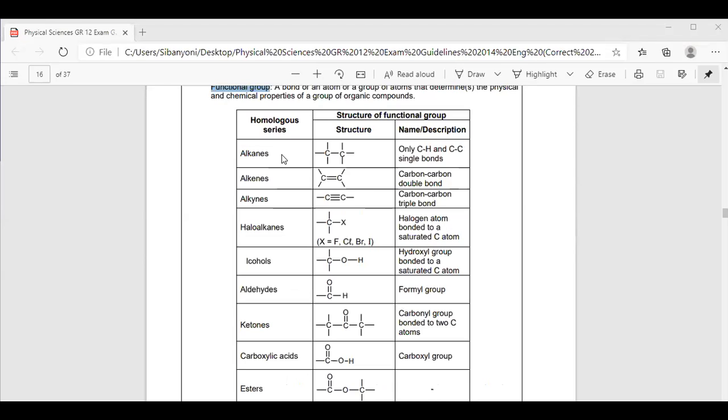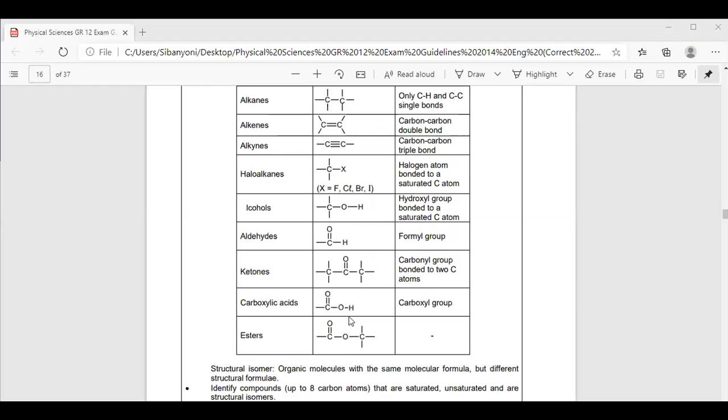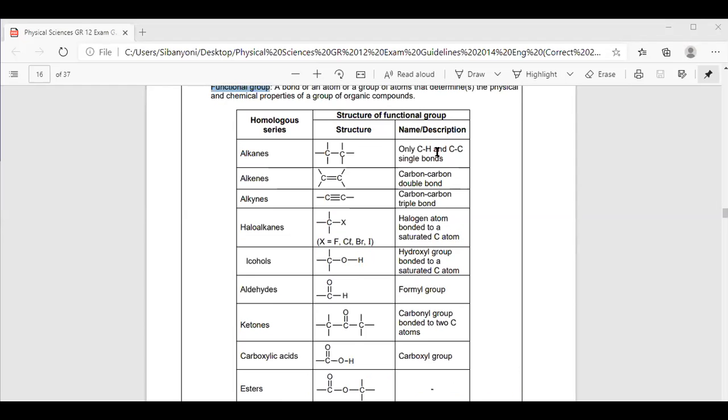Now, my dear learners, remember, we will be asking you questions where we expect you to draw the structure of the functional group of alkanes. And this is what you need to draw. You need to be able to do that for all the homologous series, and also be able to give the name or a description where it is needed to tell us about this functional group.